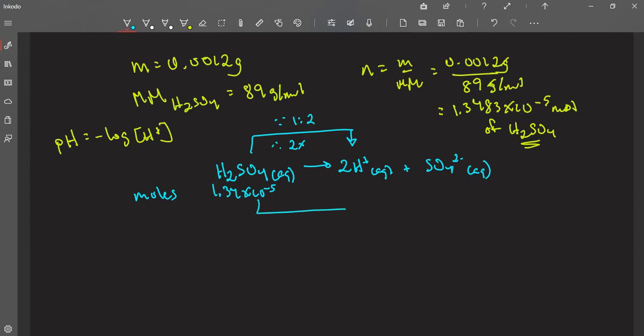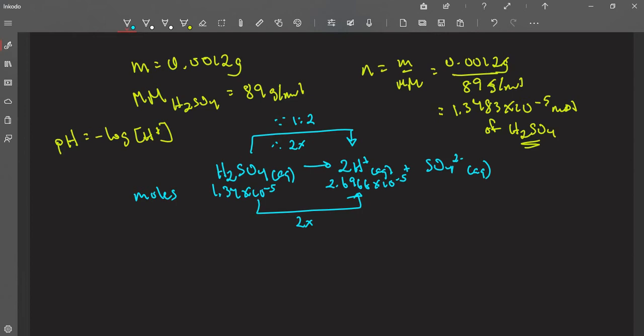If we multiply that by 2, what we get is 2.6966 times 10 to the negative 5 moles of hydrogen ions.